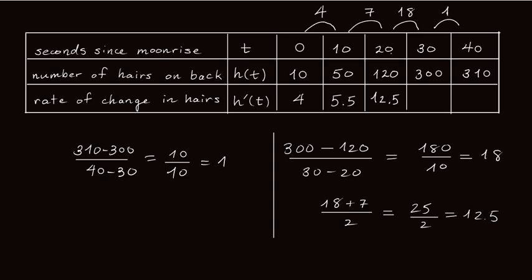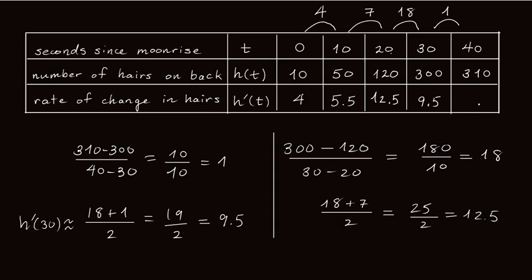So to find this number, I take the two average rates of change and average them. I have 18 plus 1 divided by 2, which is 19 divided by 2, which is equal to 9.5. So 9.5 will be my estimate of h prime of 30.